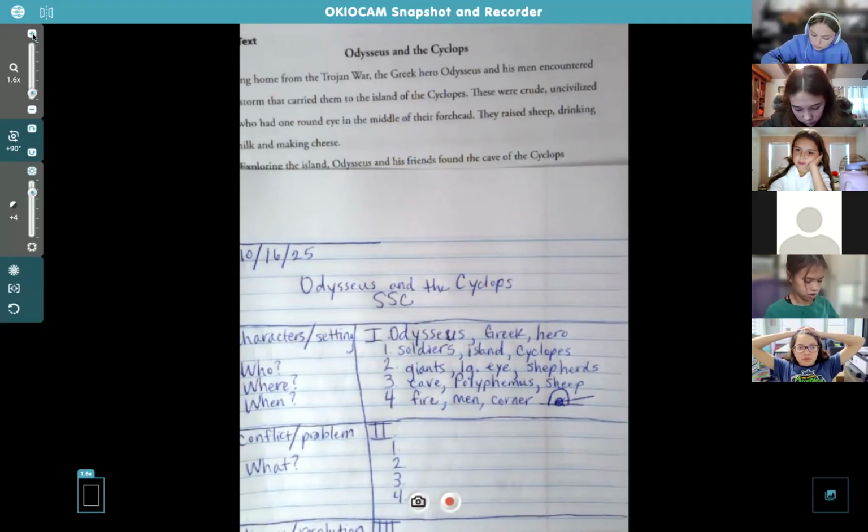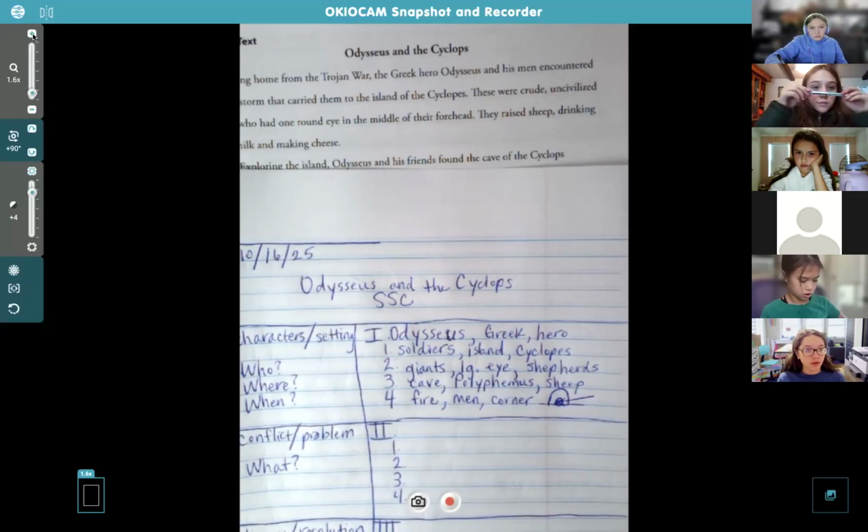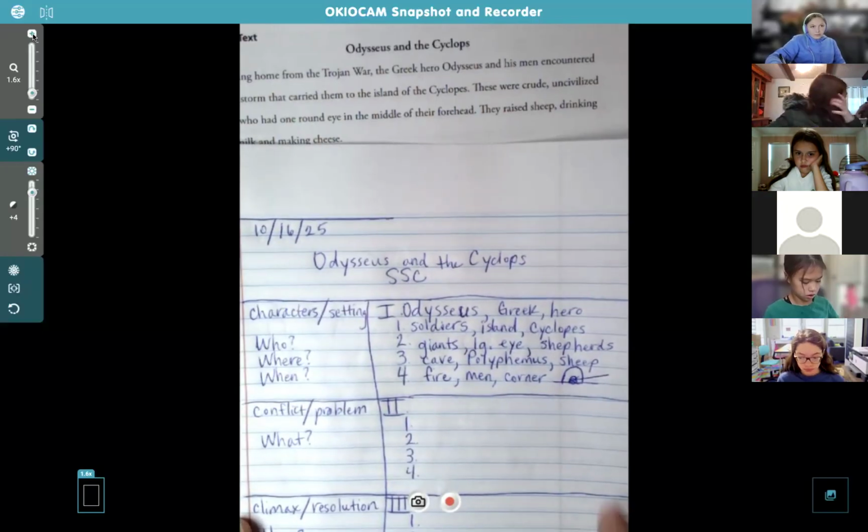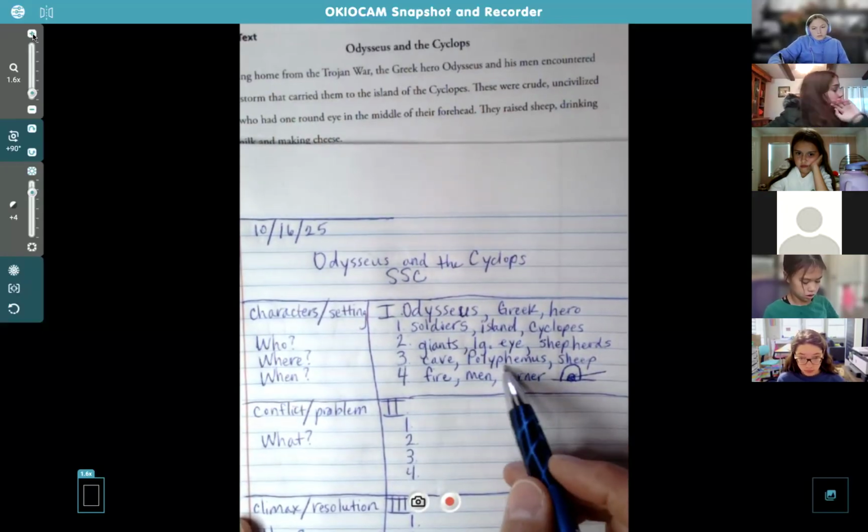And then, Emma, what does the Cyclops ask about the men? What does he say to the men, or what does he ask them? He asks them if they're pirates or traders. Pirates or traders, yes. So I'm thinking at this point, and this is Polyphemus.